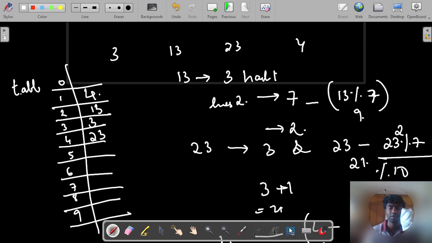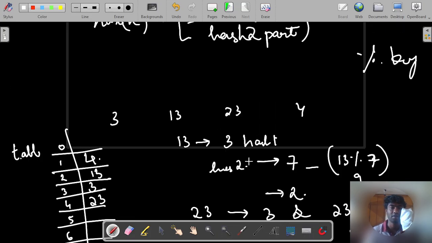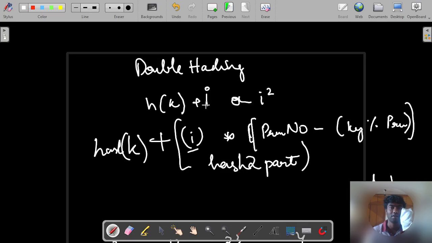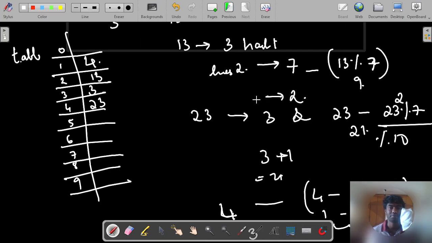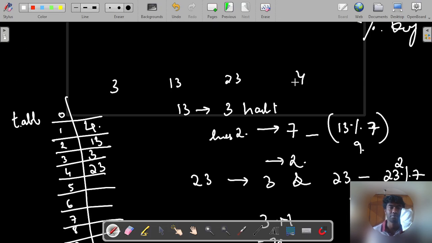Okay, so I see one major mistake that I did in hashing of 13, 23, and 4. So in case of 13, it would be 3 as hash 1. So it goes here, that's 13 modulus of 10 is equal to 3. This is hash 1.